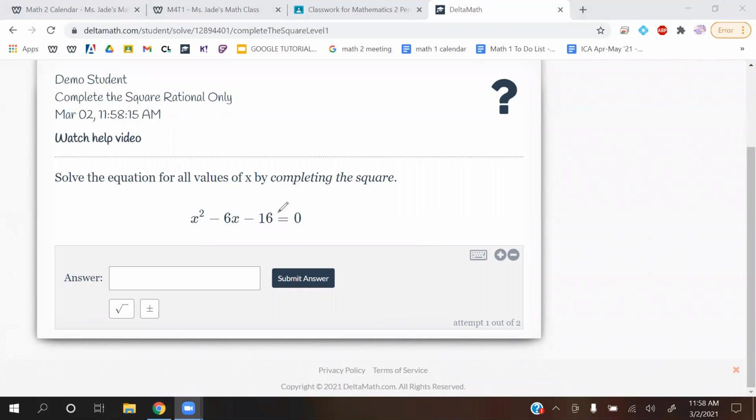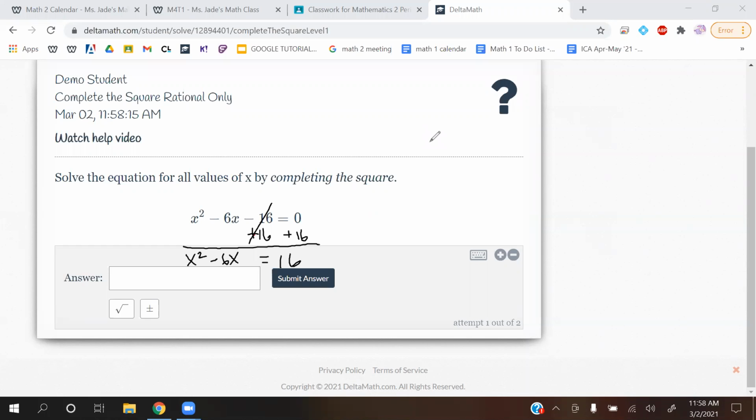Okay, so this time, we do have to bring the 16 over, so I'm going to add 16. x squared minus 6x cancels out, equals 16. Okay, and we have to figure out what do we add to both sides.